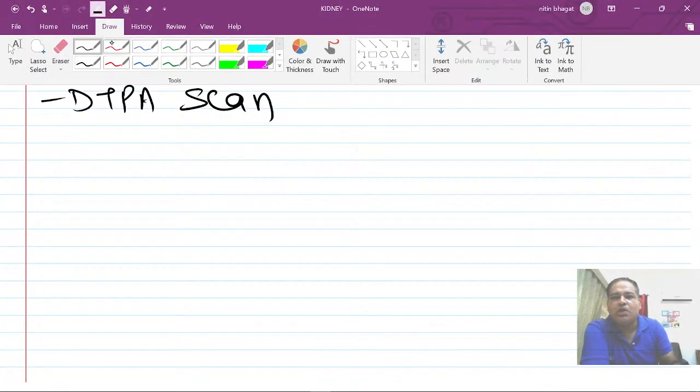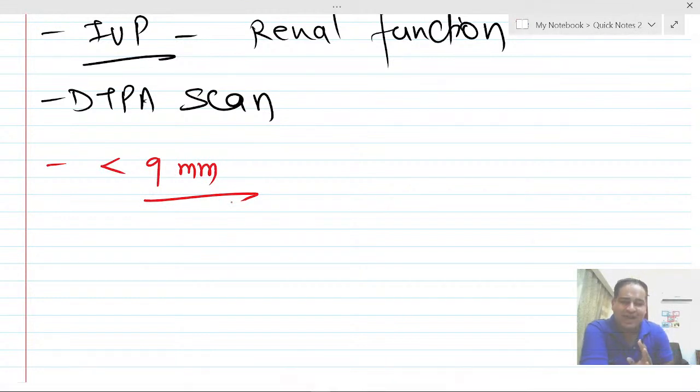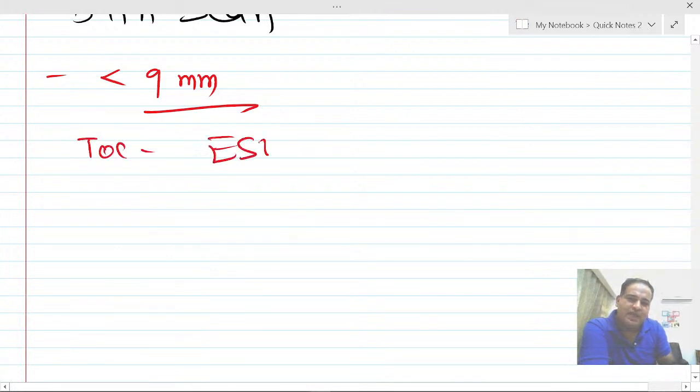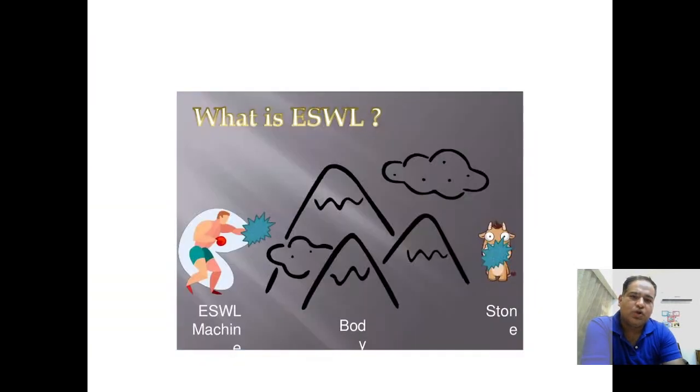Now, stones which are less than 9 mm in size can be managed conservatively. Just for your practical experience, you can give your patient tamsulosin. Ureter will be dilated. Ask your patient to have plenty of water. Stones will pass. The surgical treatment of choice these days is extracorporeal shockwave lithotripsy.